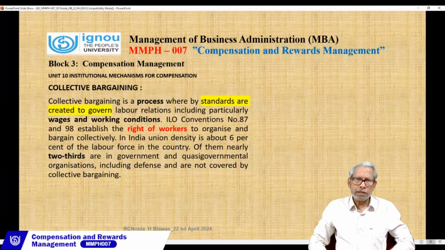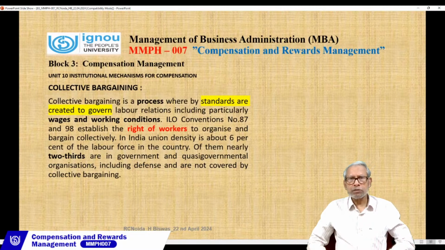Now collective bargaining, again, is a process. Standards are created to govern, by the labor regulations, wages and working conditions. Here the ILO, as you know, through conventions 87 and 98, has established some things: the right of workers to organize and bargain collectively.